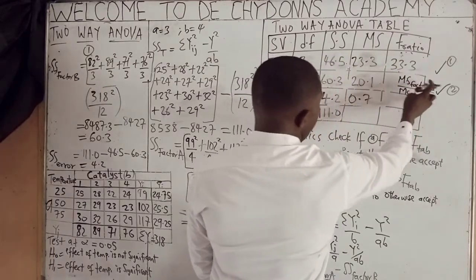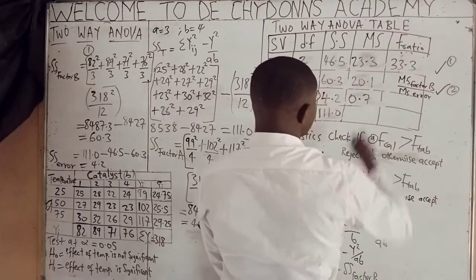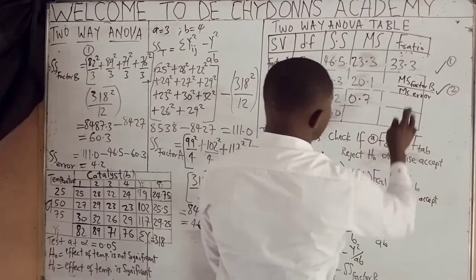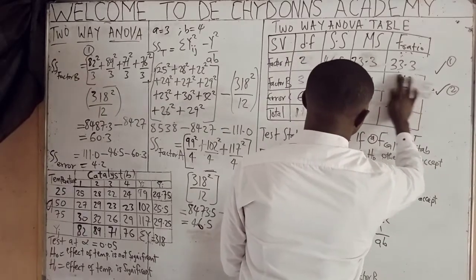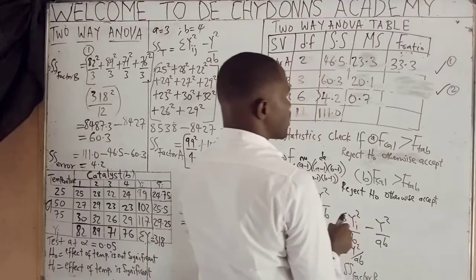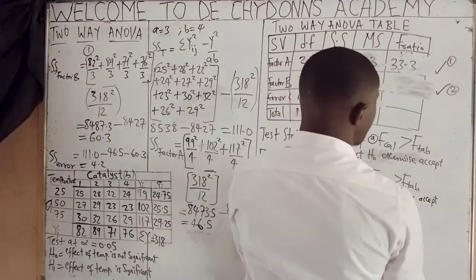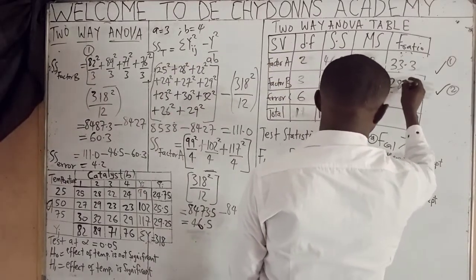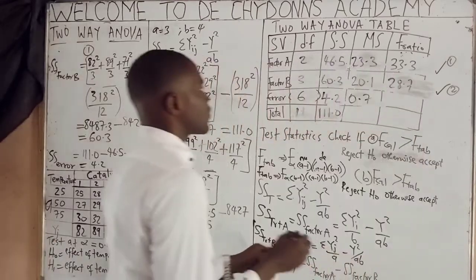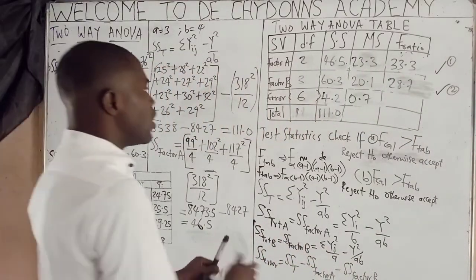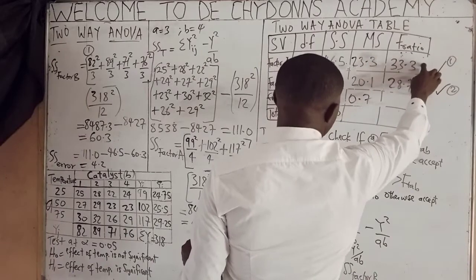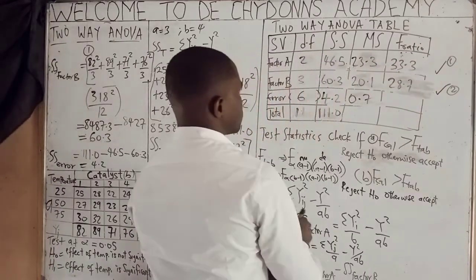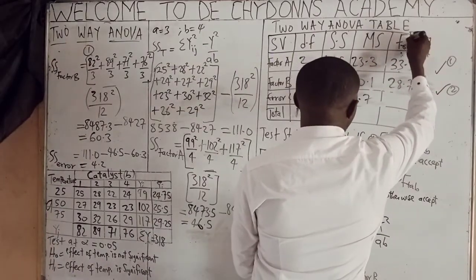Then MS factor B over MS error means 20.1 over 0.7. When you do the division with your calculator, it will give you 28.7. Okay? So this will be taken to be your F calculated.